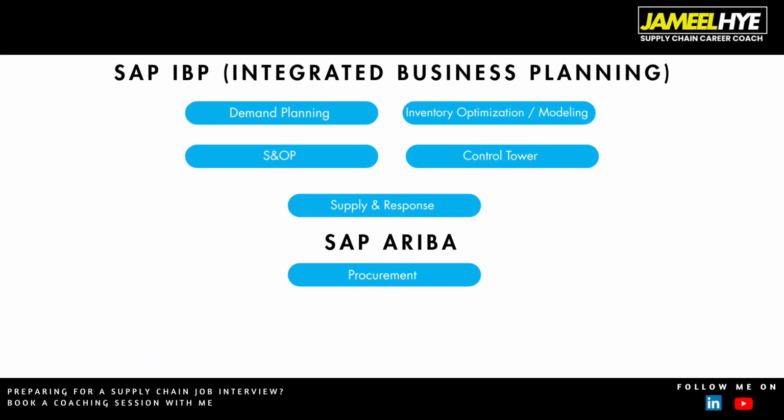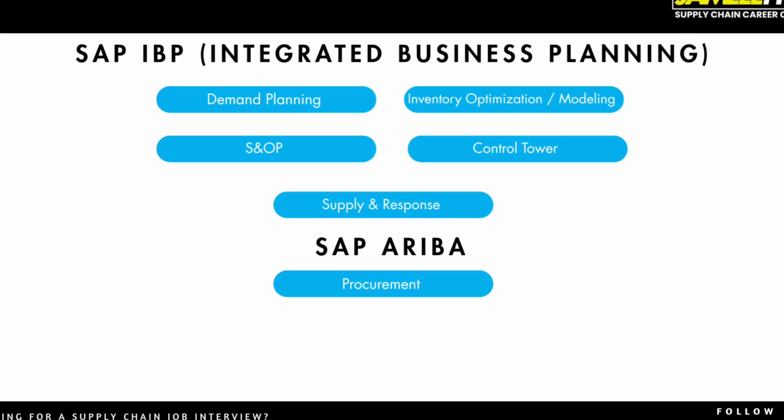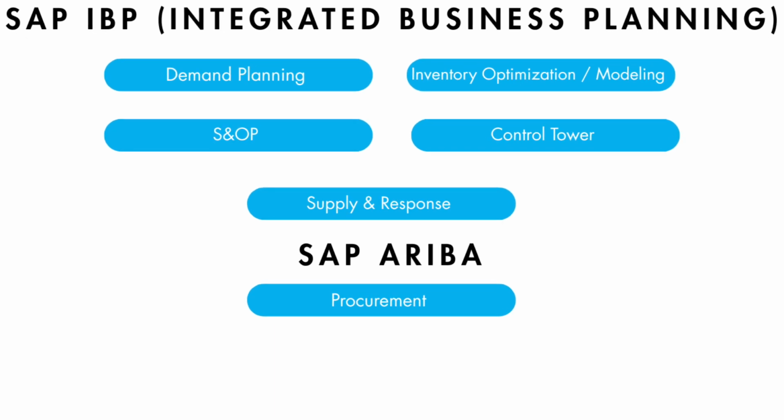And IBP as a layer is quite evolved. So it has demand planning, quite strong functionality. It has inventory optimization. So when you want to define safety stock parameters or levels in a single location or a multi-echelon inventory location setup, then it has S&OP.